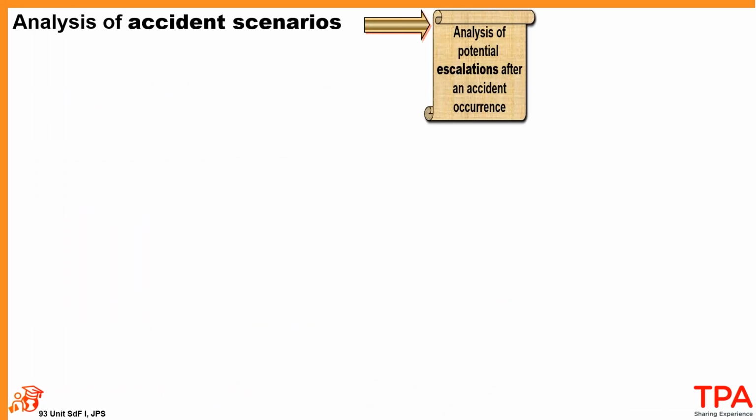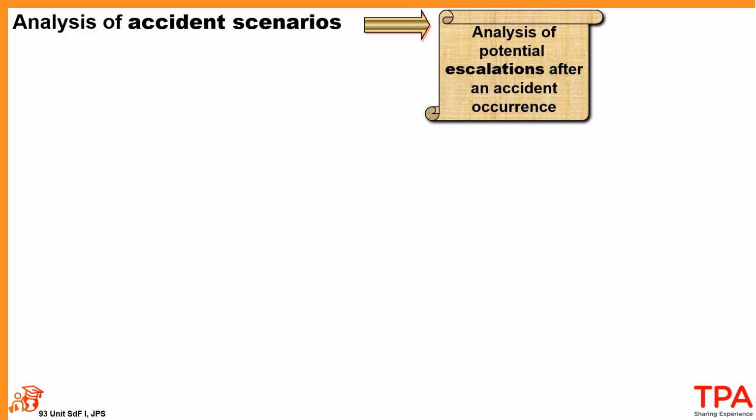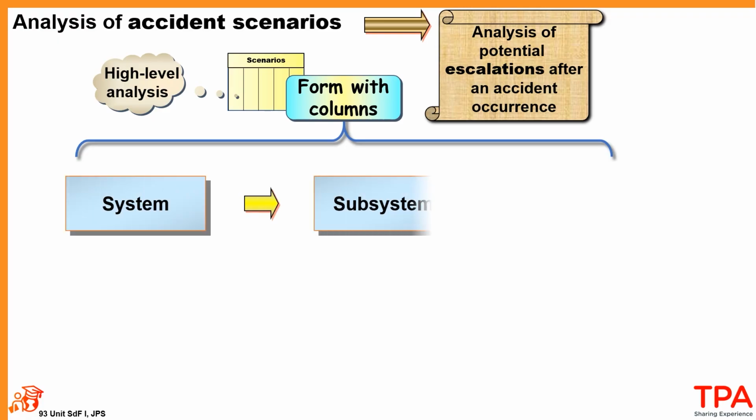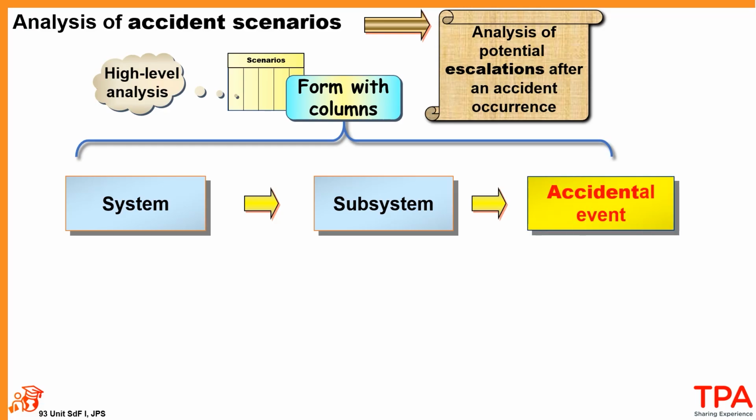Let us continue with the accident scenario approach. It aims to identify and analyze the possible escalations after a hazardous event has occurred. Again, it is undertaken by using a textual form with several standardized columns. The system under analysis. The subsystem which is considered. And the accidental event which is likely to occur.